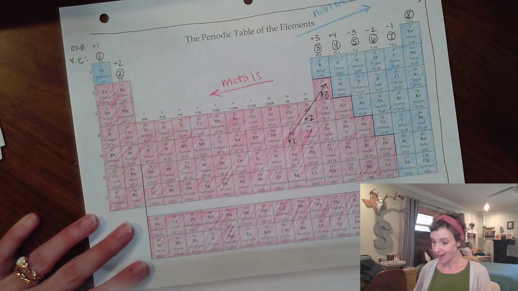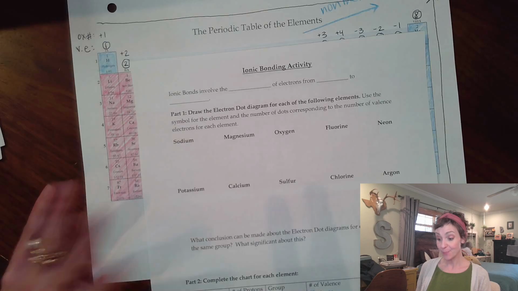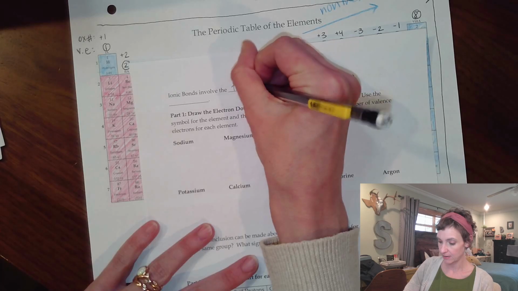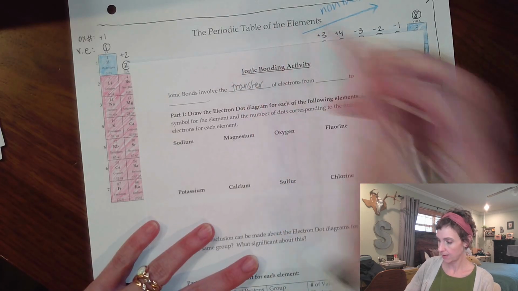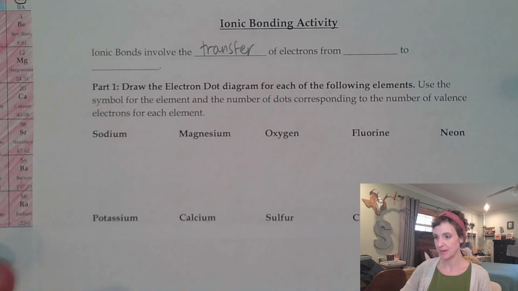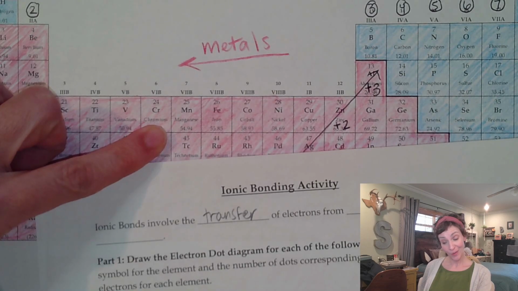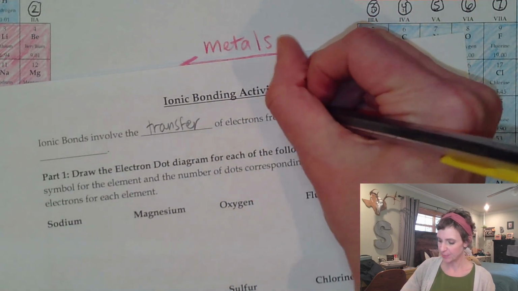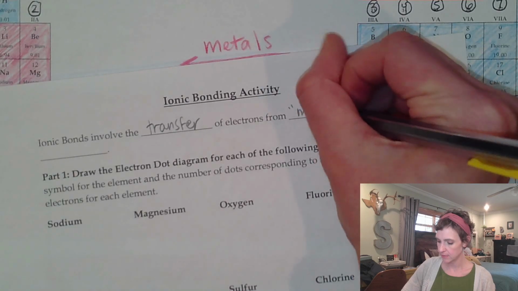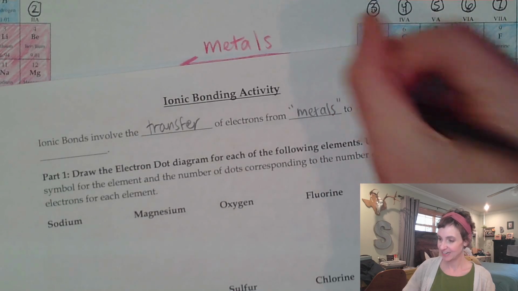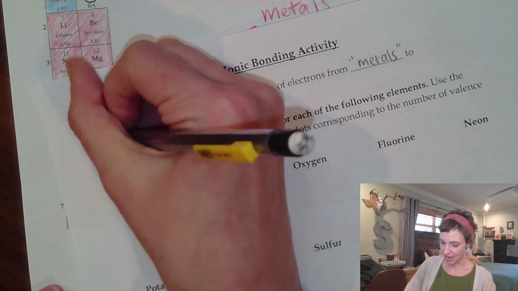Okay, so ionic bonds. Ionic bonds involve the transfer, I'll zoom in, of electrons from a metal, and I'm actually going to put metal in quotes, or from metals to nonmetals.